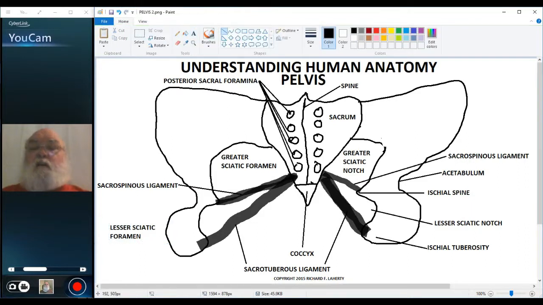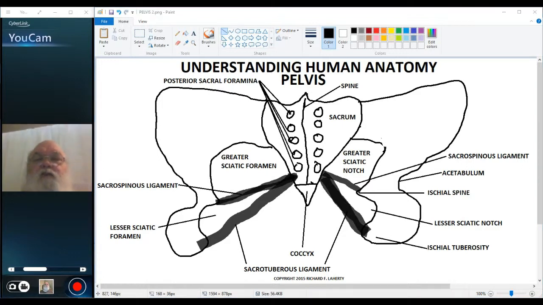And we'll draw a line to it. And we're going to find that through the greater sciatic foramen pass some muscles, principally the piriformis muscle. We have nerves, the sciatic nerve, and we have, going through the lesser sciatic foramen, also some muscles. And these are all exiting the pelvic cavity.